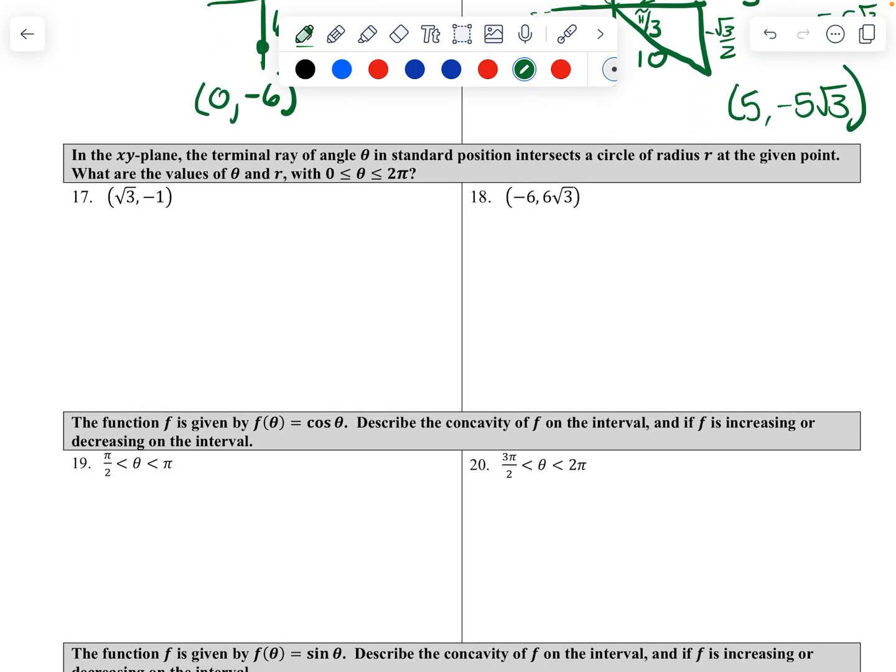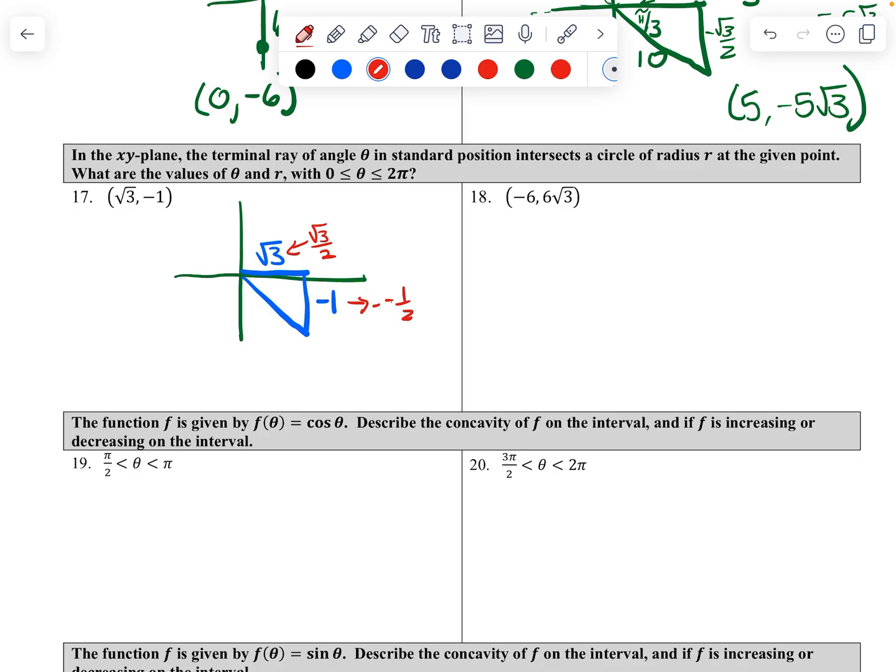Now the next one, we have to find r and theta. So if I was to graph this, I go over positive root 3 and down negative 1. So what are these similar to? Well, this is similar to root 3 over 2, and this is similar to negative half. Well, how did we get from here to here?